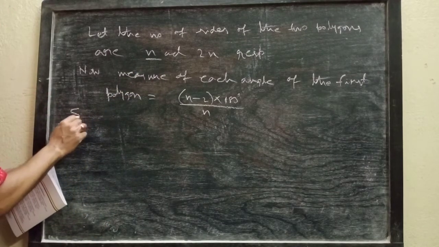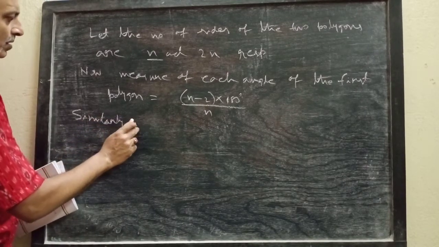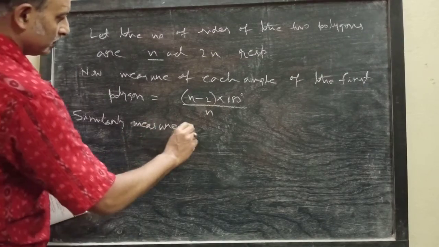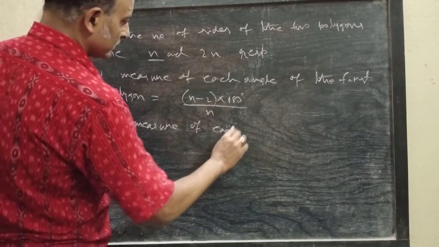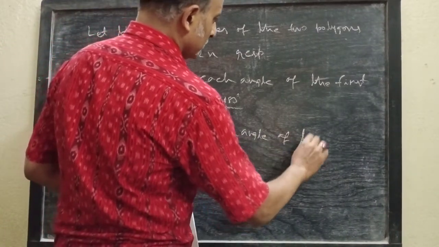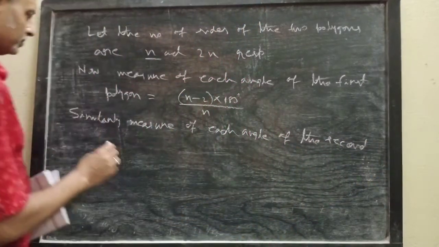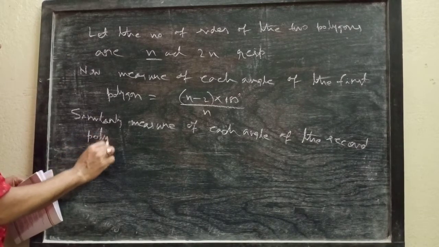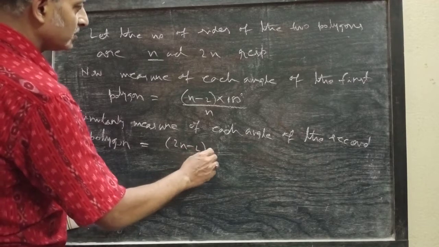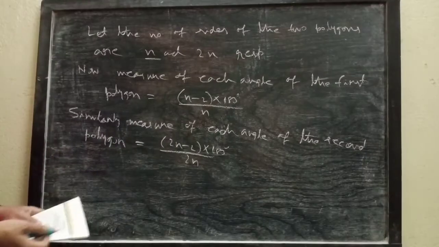Similarly, the measure of each angle of the second polygon will be 2n minus 2 into 180 degrees by 2n.